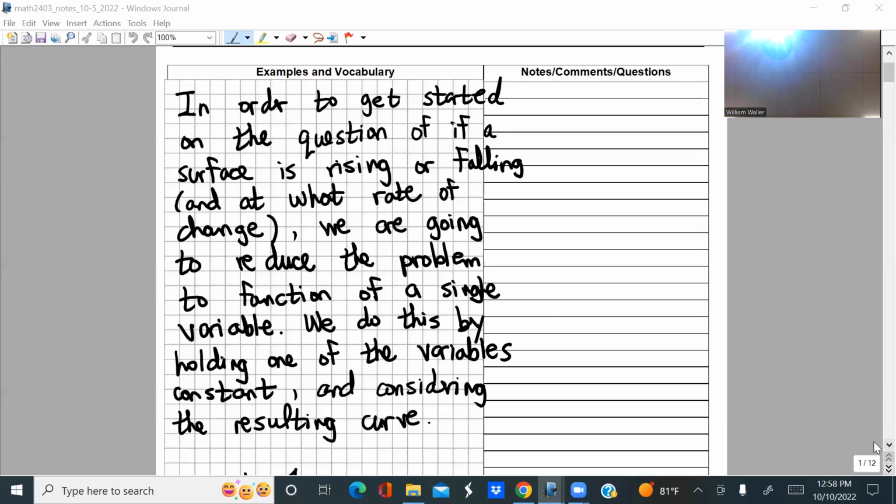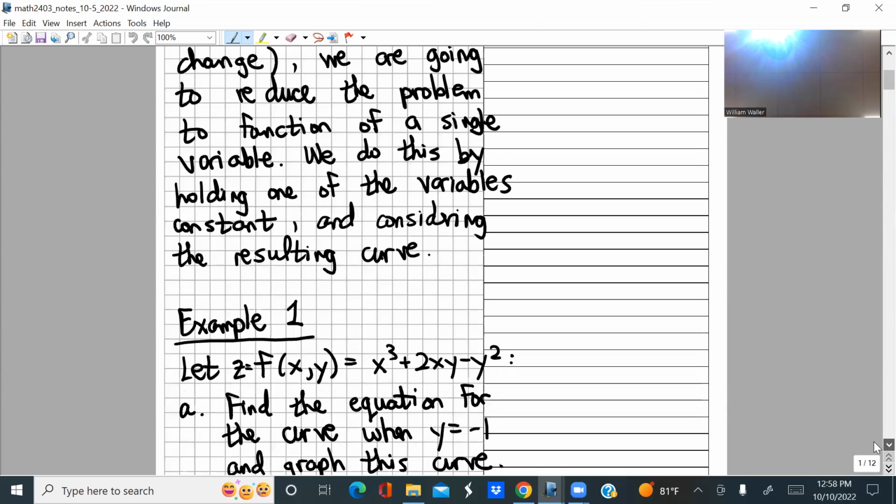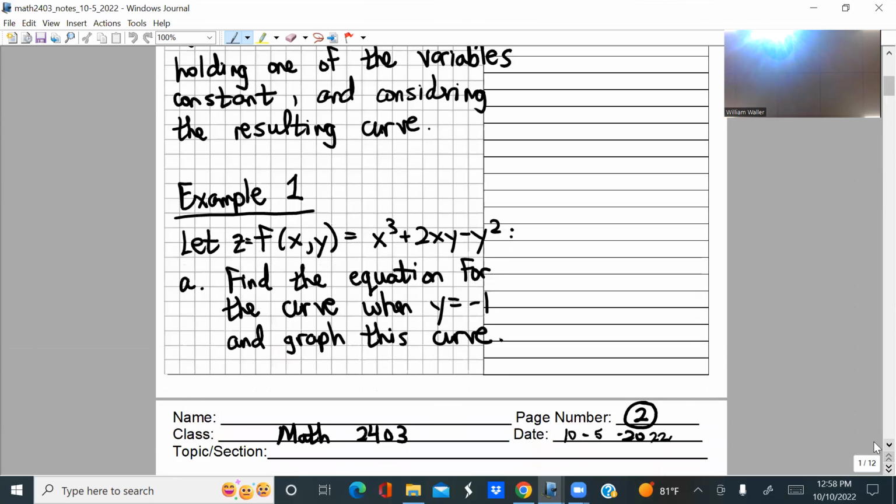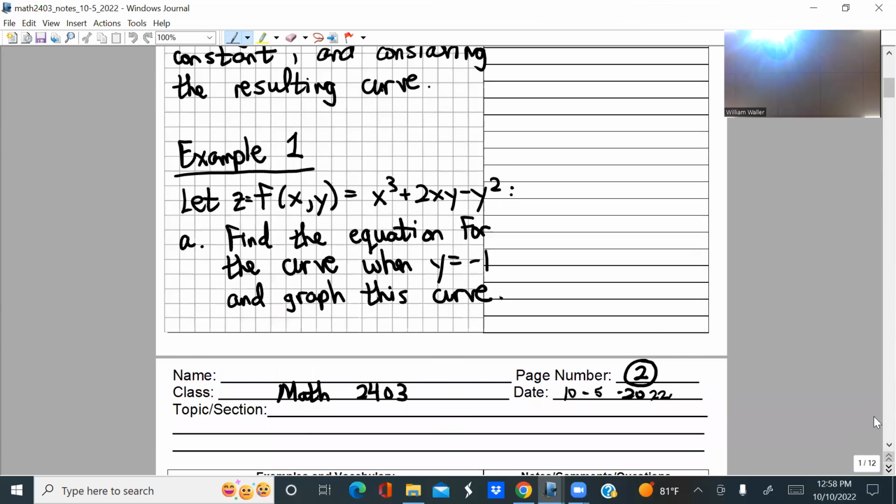So let me show you, let's take an example of this, because until you see an example, it won't make any sense. So let's go back to this polynomial surface, x cubed plus 2xy minus y squared. So we saw a picture of that a moment ago. What I want to do is find an equation for the curve, not the surface, the curve that we get when we hold y equal to -1.